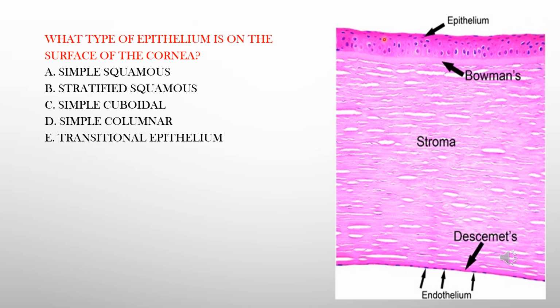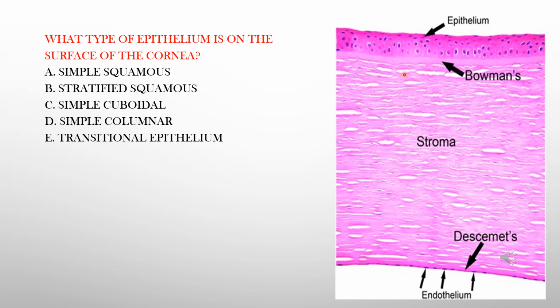Another picture for the cornea. What type of epithelium is on the surface of the cornea? What is this type? Simple squamous, stratified squamous, simple cuboidal, simple columnar, or transitional epithelium?